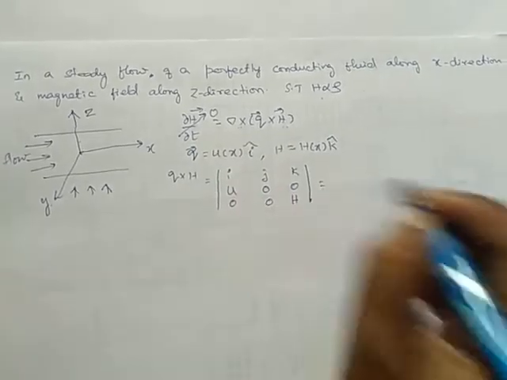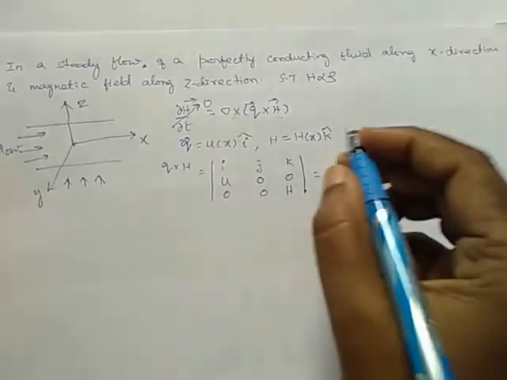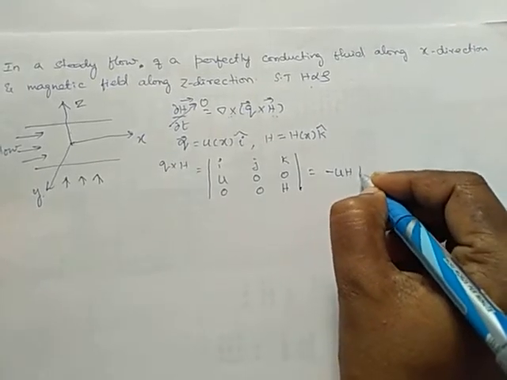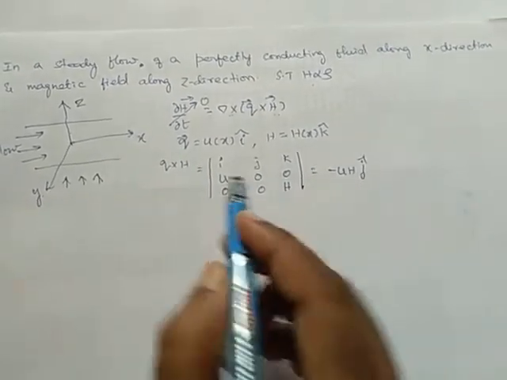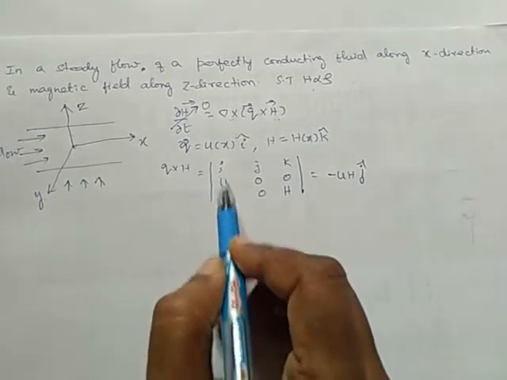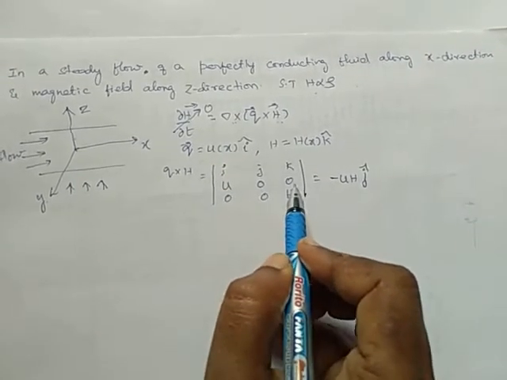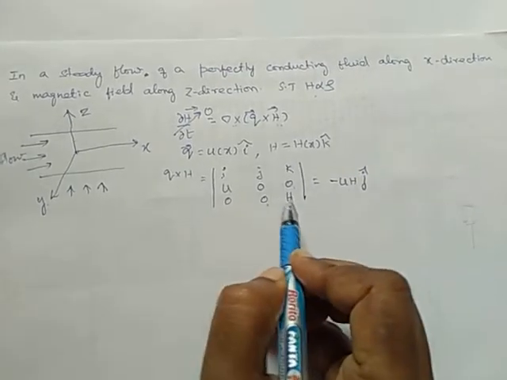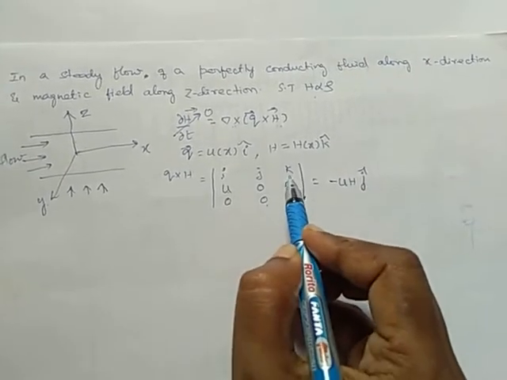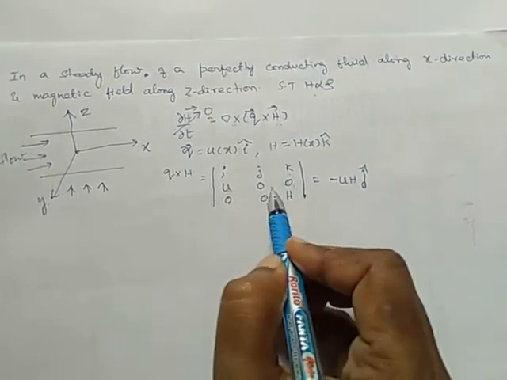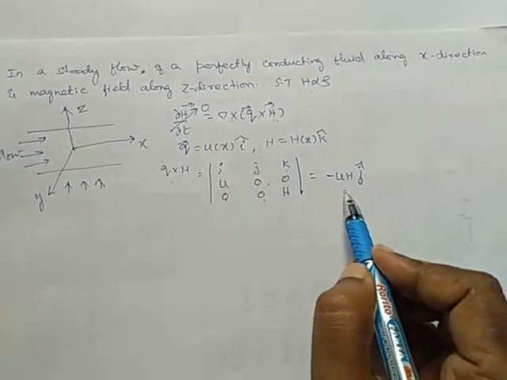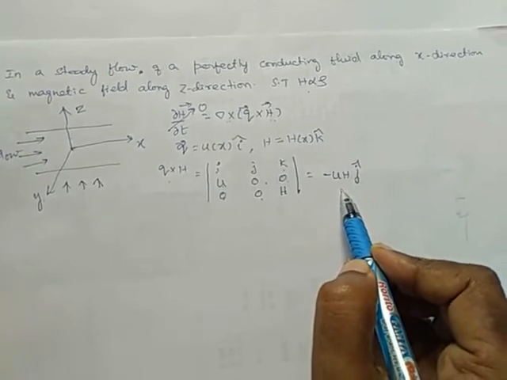If we find the determinant, we will get minus uH in the j term. The i term gives 0 into H and 0. The j term gives minus of u into H, 0 into 0. The k term is 0. Therefore, Q cross H is minus uH of the j term.